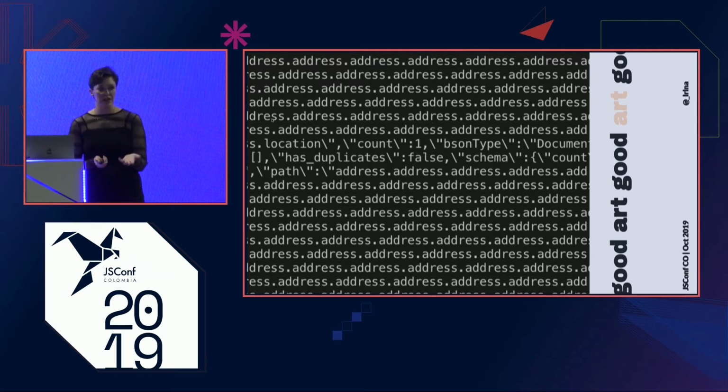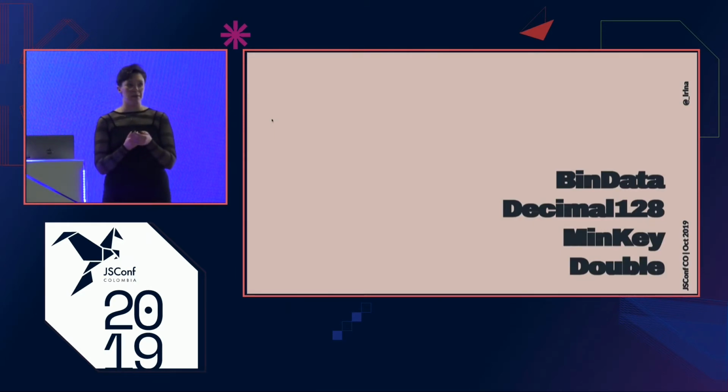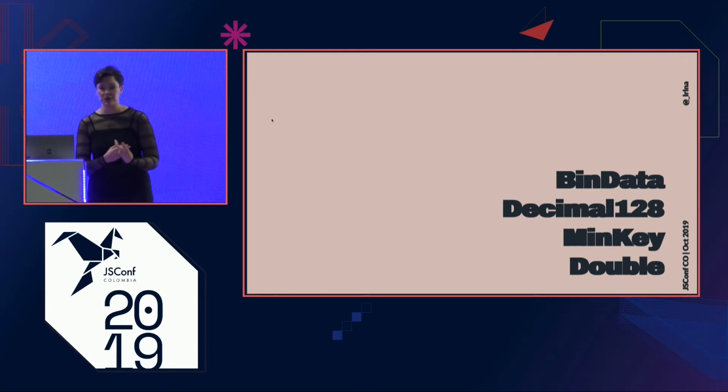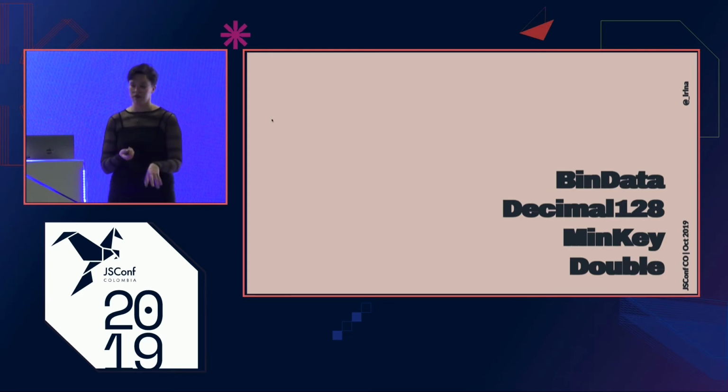But what ends up happening is that because we're dealing with people's data and people's documents, and this is a MongoDB database, we have to care about the BSON types of things. So there's stuff like bin data or decimal 128, or being able to distinguish a double from a regular number, and things like that. So regular strings didn't actually work in the very end.